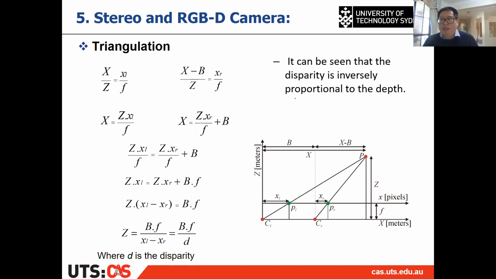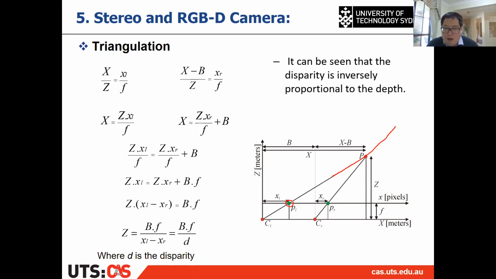This is compared to a single camera, because in a single camera, as I mentioned before, you can't directly get the depths. Every single point along this ray will project to the same point on the image, so the camera does not have the ability to recover the depth. That's why we are using stereo or RGBD cameras.